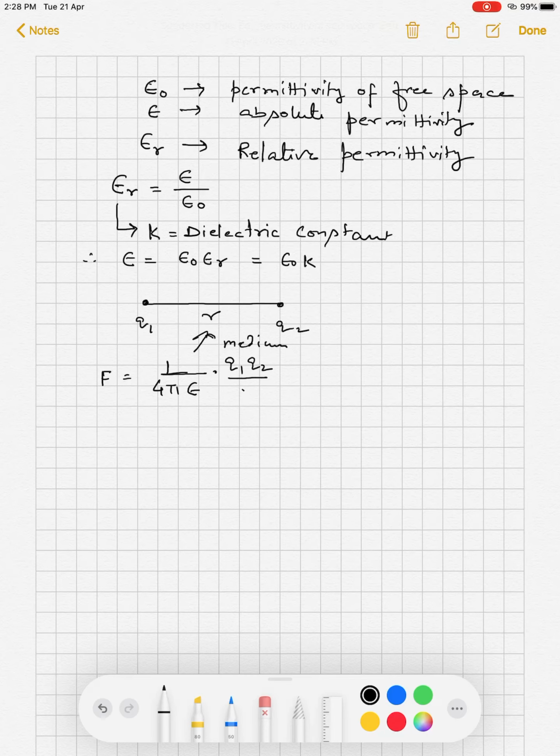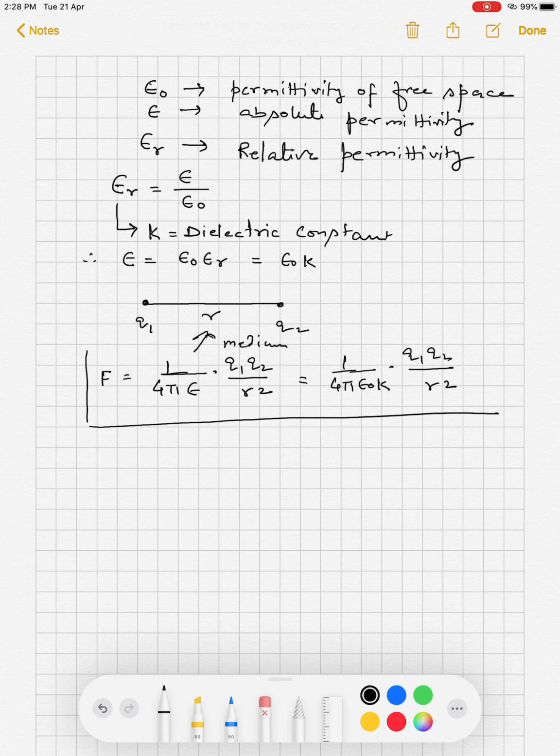This can also be written as F equal to 1 upon 4 pi epsilon naught K q1 q2 upon r square. So this is the formula when the charges are in a medium, or there is an intervening medium between the two charges.